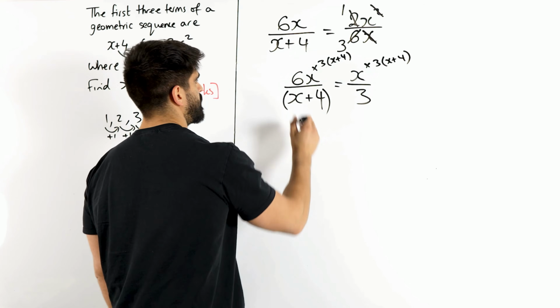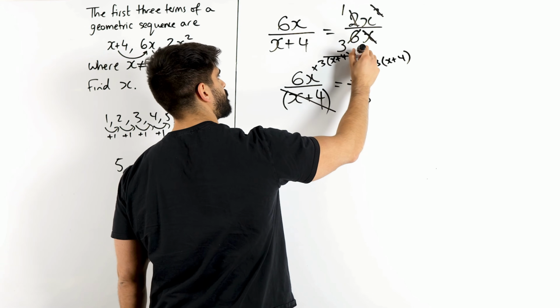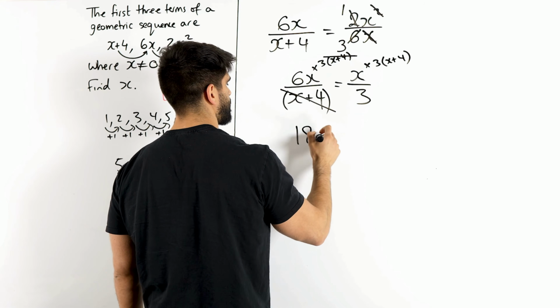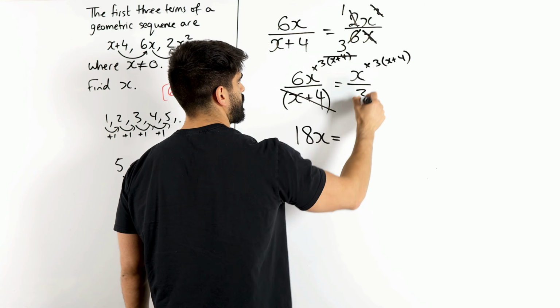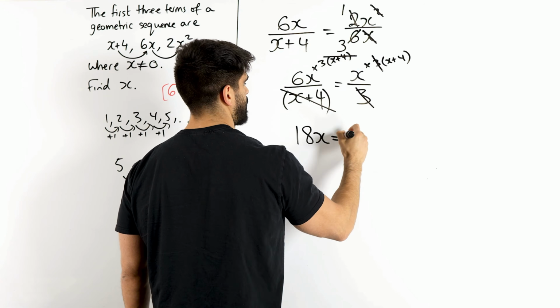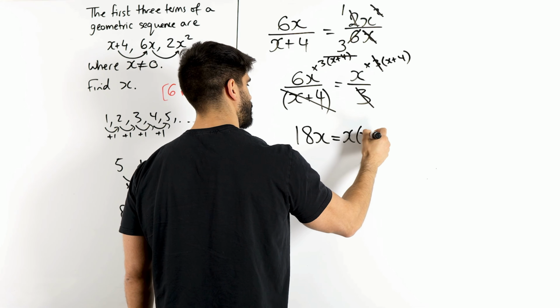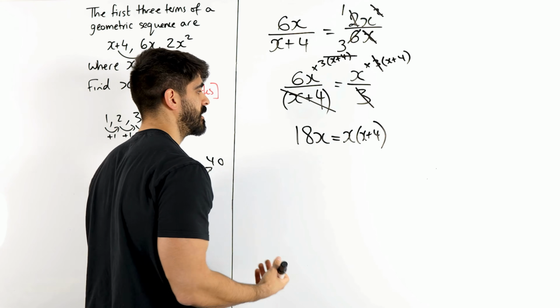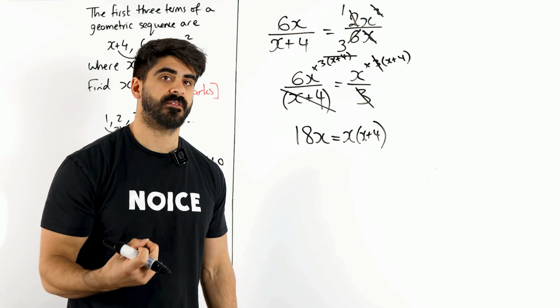Okay. So the x plus 4 here is going to cancel. I have 6 times 3 is 18x equals, here the 3's cancel. And you're left with x, lots of x plus 4. Here we have another opportunity to cancel out x. Now, here you have to be very careful again.